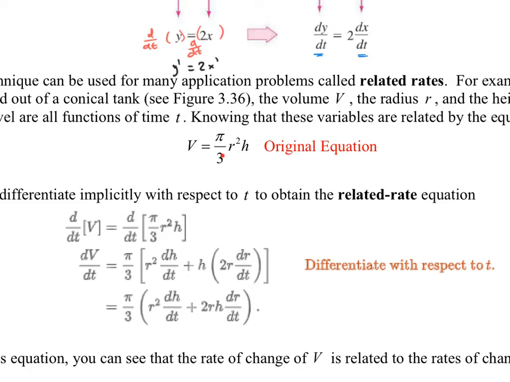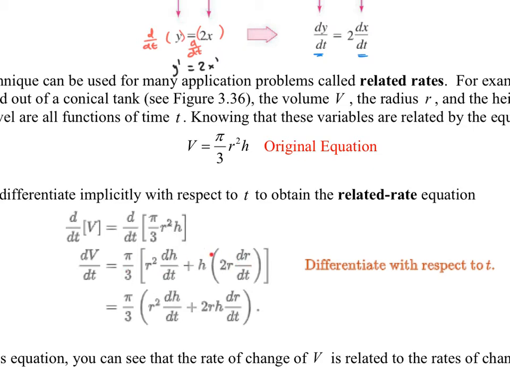And then what would you have to do on the right-hand side? Well, you would have to consider that the product rule, with the first function being pi over 3 r squared and the second function being h. So you do the first, which would be pi over 3 times r squared, times the derivative of the second, h prime, plus the second, which would be h, times the derivative of the first, which would be 2 pi over 3 times r to the first power, and then you need the r prime, right?